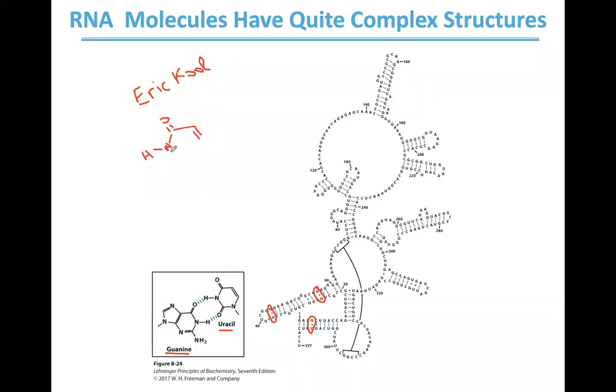But then, instead of a carbonyl group here, what would he put here? Let's say sulfur. Sulfur is not very good at hydrogen bonds at all. Remember, it's only the small, electronegative oxygen which forms hydrogen bonds.